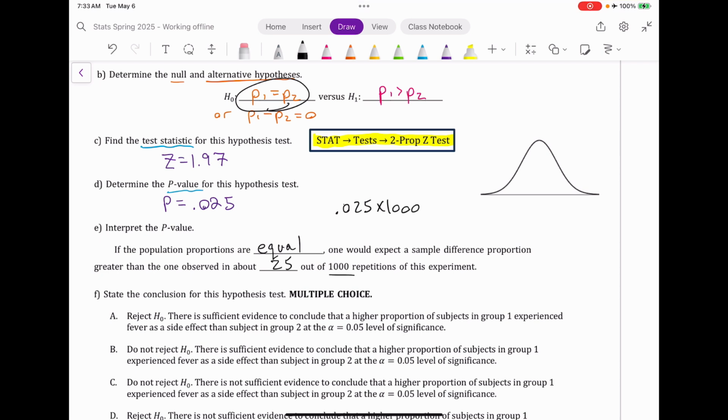So 25 out of 1,000 repetitions of the experiment. Okay. And just as a visual on the normal curve, that shaded area is our p-value.